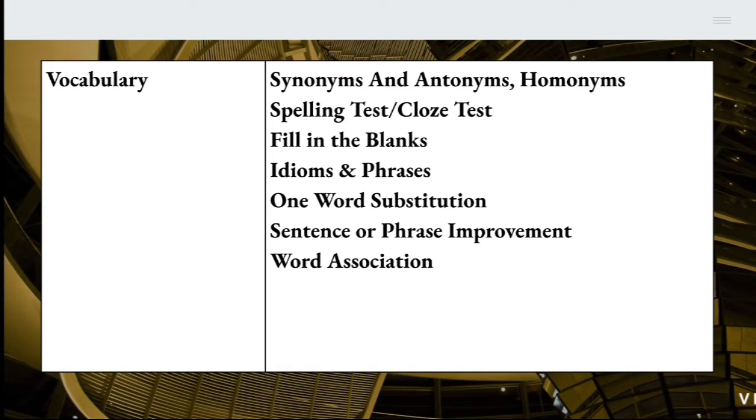One word substitution, you will have to find a better word for a phrase. Sentence and phrase improvement, again selecting a better word or phrase in place of one word or phrase. Word association, a similar kind of words.